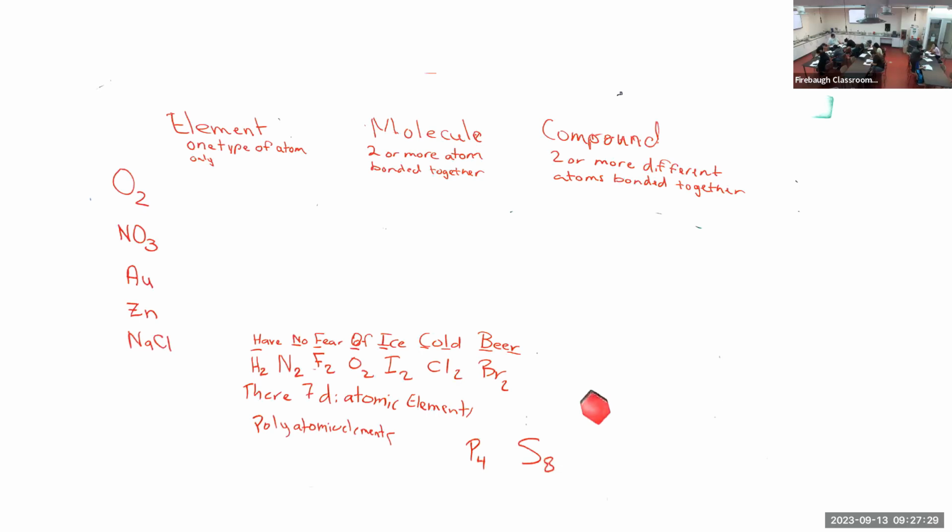Okay, so the preferred form, now these guys are a little bit different. Sulfur, the majority of the time, is going to be S8. Phosphorus has multiple forms. One of them is P4, and one of them is just P. It's primarily P4 when we're talking about phosphorus. So those are examples of polyatomic elements, where the others were diatomic elements.